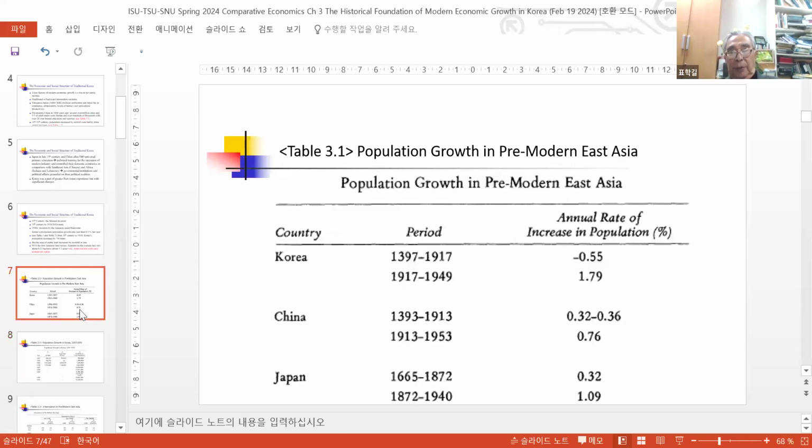Why is population growth very important? From 1397 to 1917, the annual rate of increase in population is estimated at 0.055. China, in a similar period, increased by 0.3 to 0.36%. Japan, 0.32%.